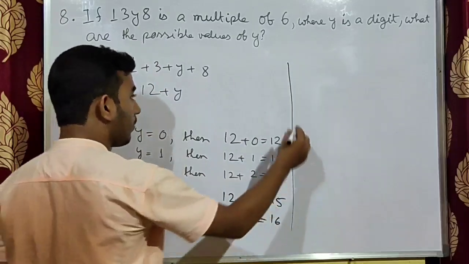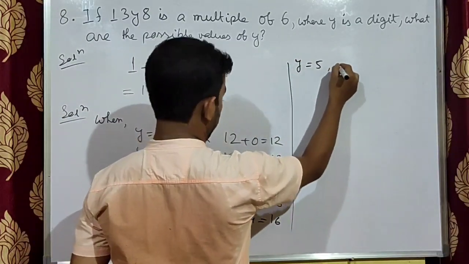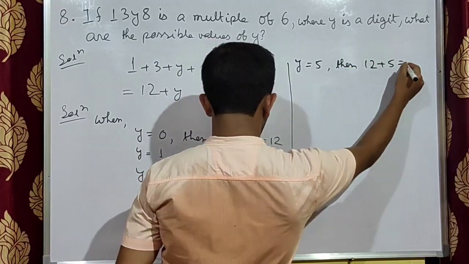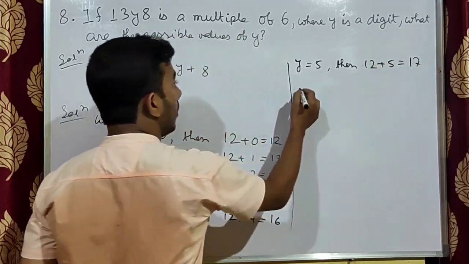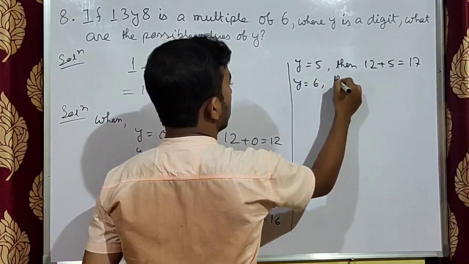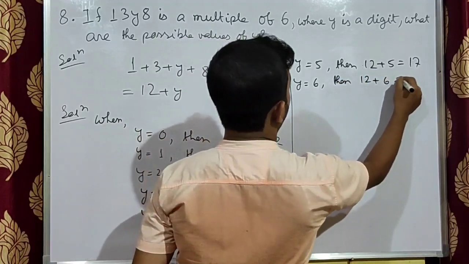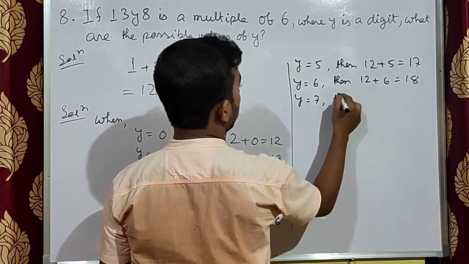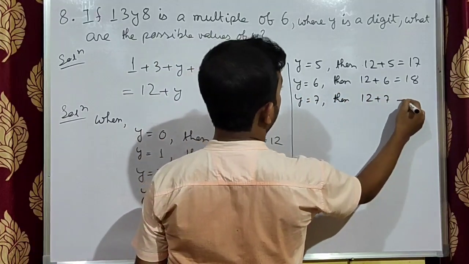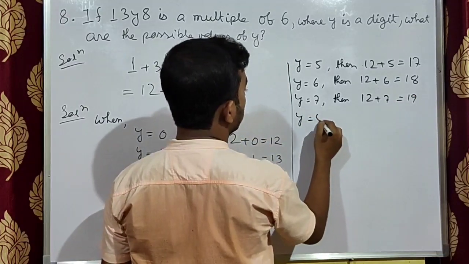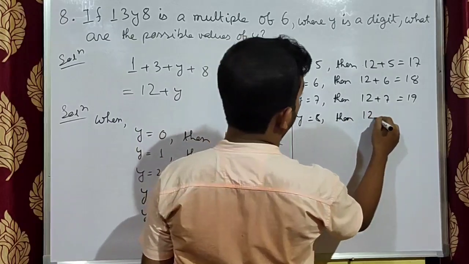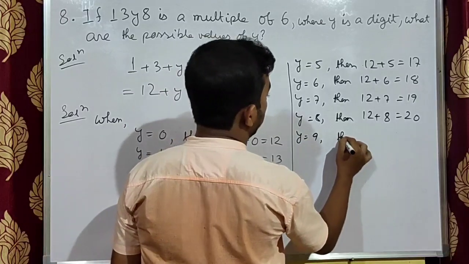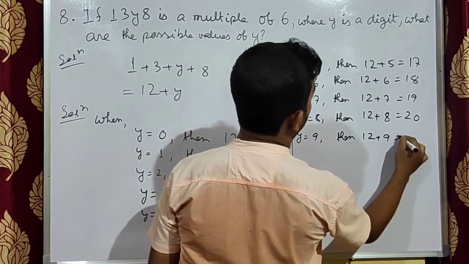Y equals 5, then 12 plus 5 equals 17. Y equals 6, then 12 plus 6 is 18. Y equals 7, then 12 plus 7 equals 19. Y equals 8, then 12 plus 8 equals 20. Y equals 9, then 12 plus 9 equals 21.